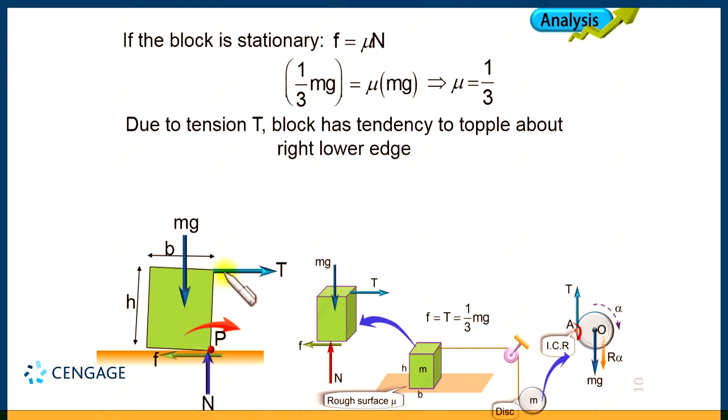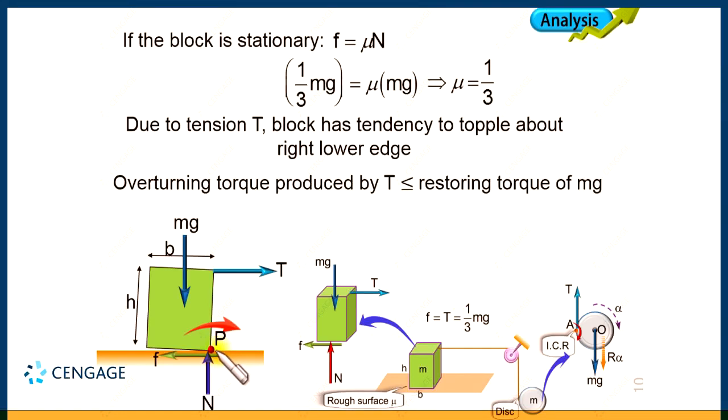And here what is the tension force doing? The tension force is toppling the block, and the torque due to mg is restoring the block. That means to stop the overturning, or we can say if we want to prevent the block from overturning, the restoring torque due to mg should be greater than the torque due to capital T, or you can say the torque due to capital T is less than or equal to the restoring torque due to mg.